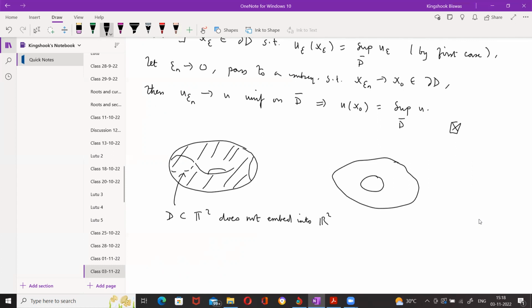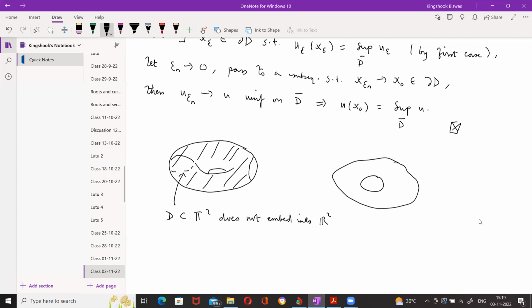This is Riemann's definition of the genus: the maximum number of cuts you can make while keeping the surface connected. Genus 1 means you can make one cut and it will still be connected. But this is genus 0.